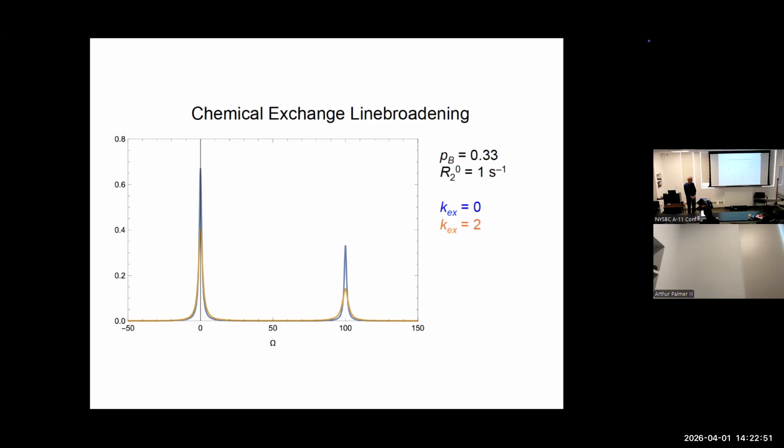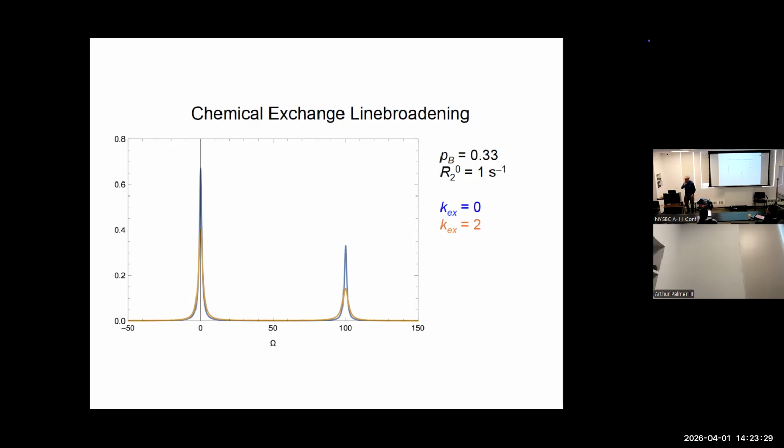Suppose the minor state had a 10% population; the jump rate out of the minor state would be roughly 10 times that out of the major state. Therefore, the minor state would have 10% of the integrated intensity, but be 10 times broader. So it's going to be a very broad, short peak and really difficult to find.